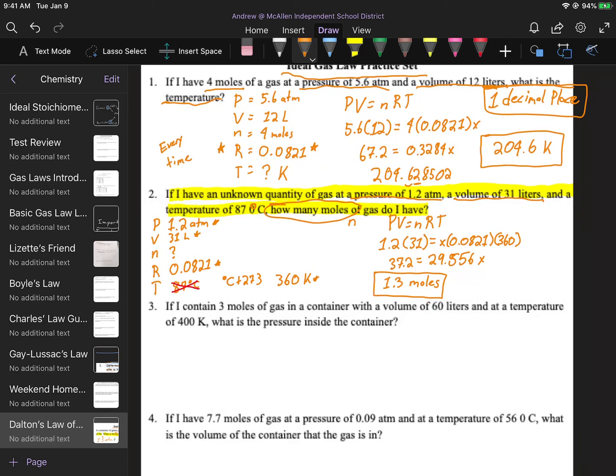So number 3, if I have 3 moles of a gas in a container with a volume of 60 liters and a temperature of 400 Kelvin, what is the pressure inside the container? I want you guys to solve this one.